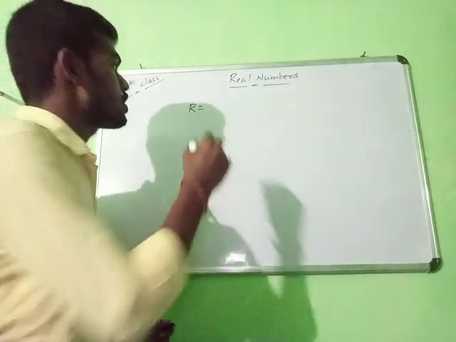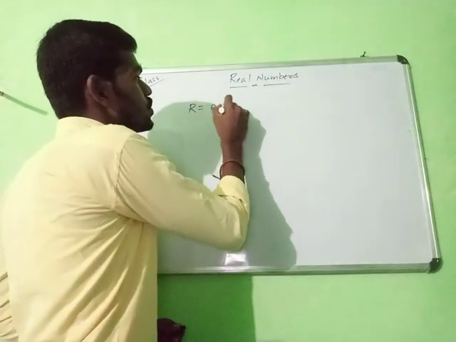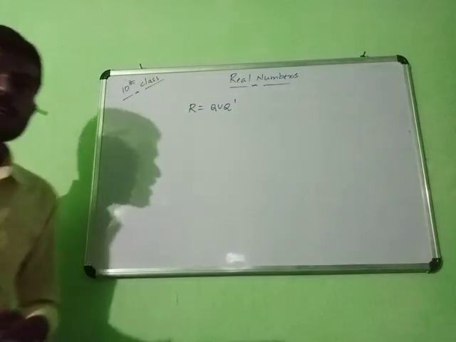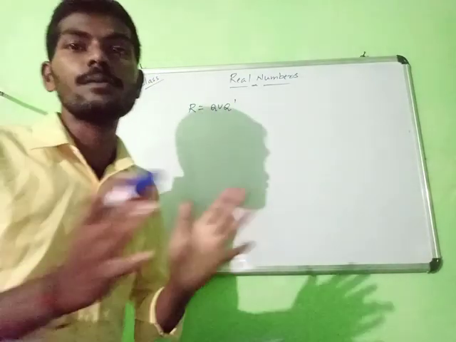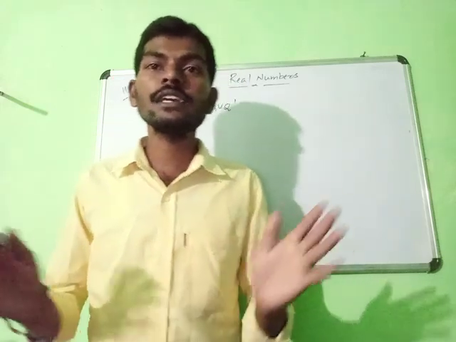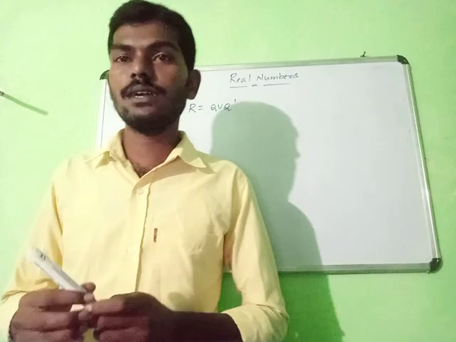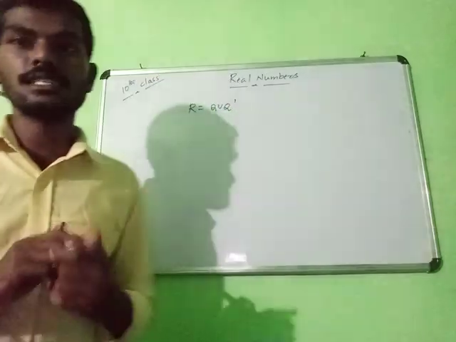So R equals Q union Q dash. Here union means combining both, that is, rational numbers and irrational numbers.